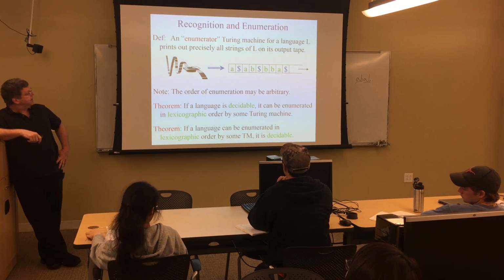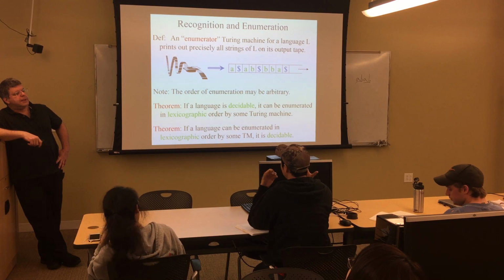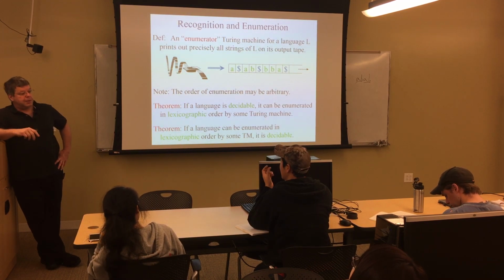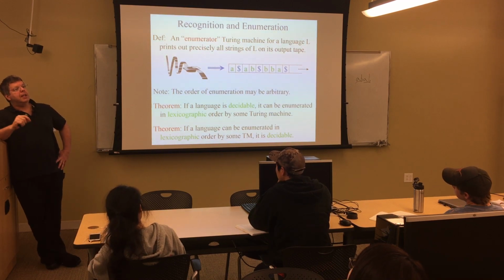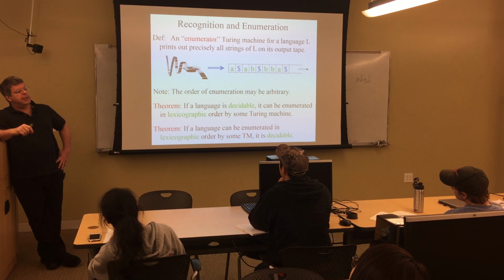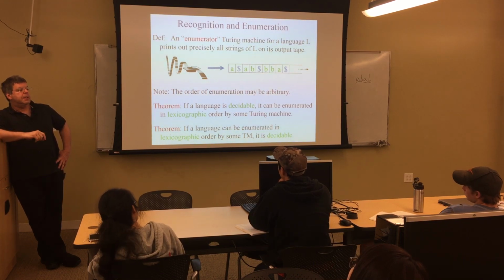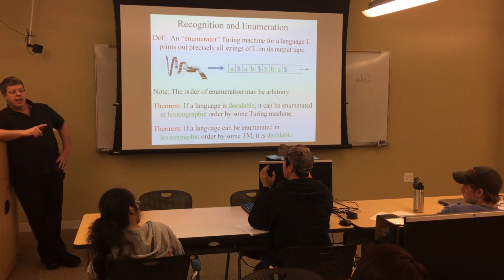So, the enumerator has the knowledge of the language. It has some algorithm that spits out strings of the language in lexicographically increasing order. How it does it, we don't care. It's its business.